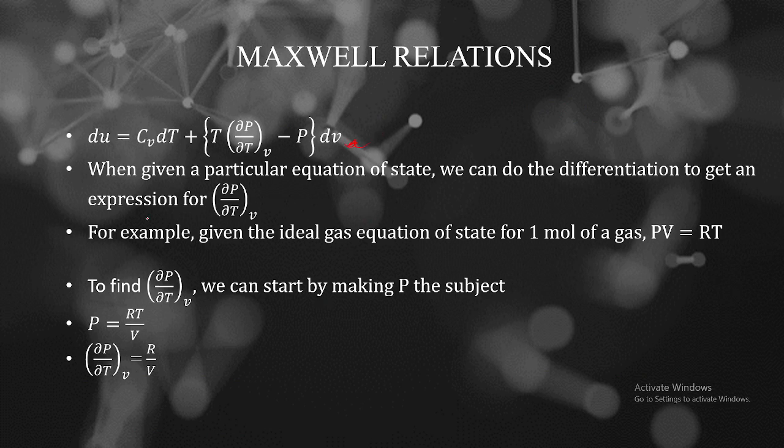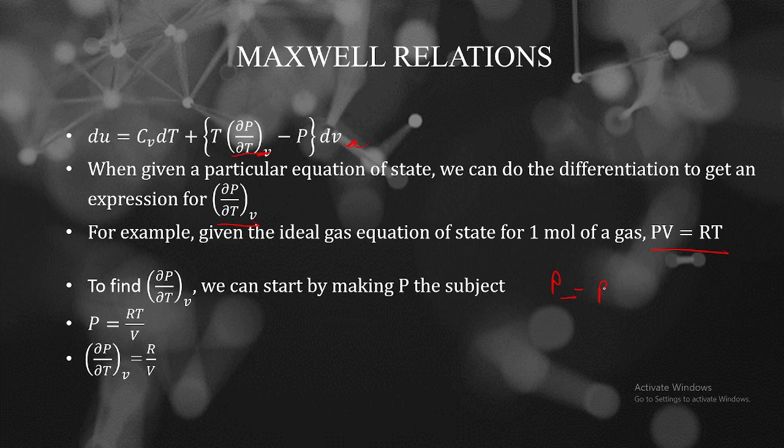Now when we are given a particular equation of state, we can do the differentiation. Let's say we've been given the ideal gas equation, considering one mole of the gas. From this expression, we look at how P is going to change with respect to T when we keep V constant.